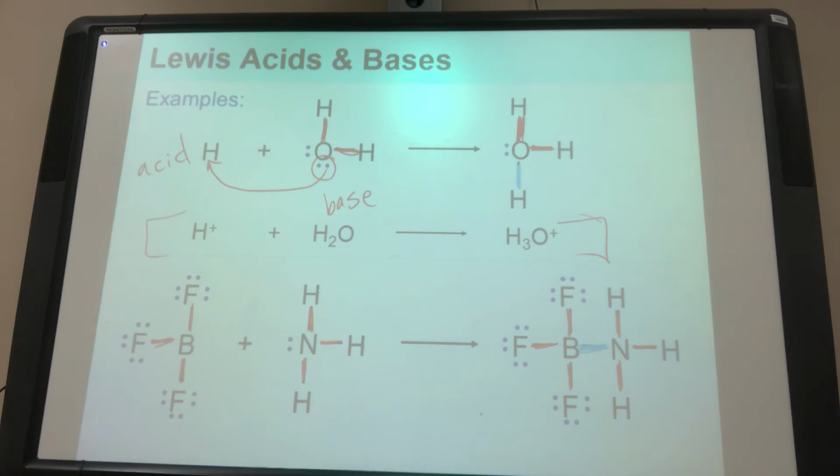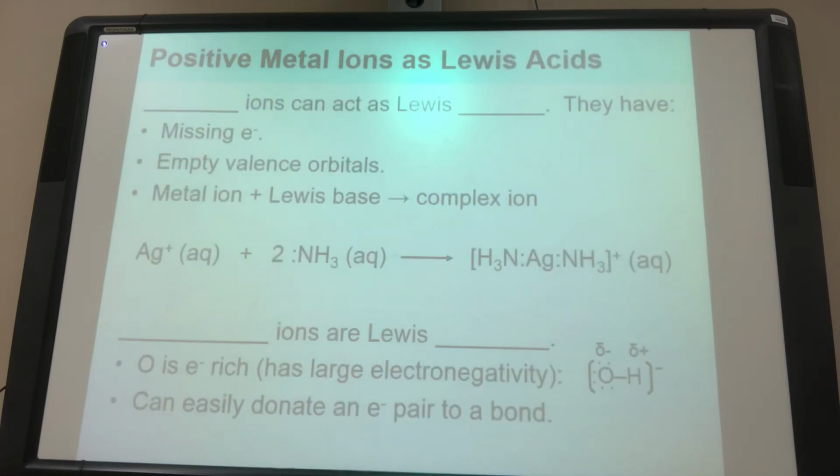All right, so if this is the new bond, then it's between the B and the N. So I need to see who has the electrons. Well, N has the electrons, so he's going to give them to the B, the boron. So he's going to be the base, and he's going to be the acid. But I only know that if I draw my Lewis structure out. So that's one way for us to figure this out: who has the electrons.